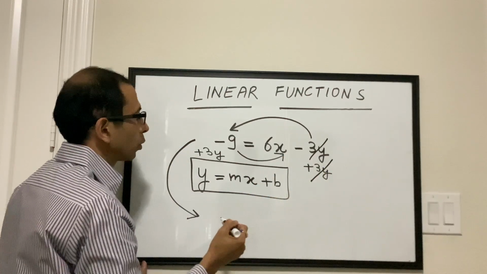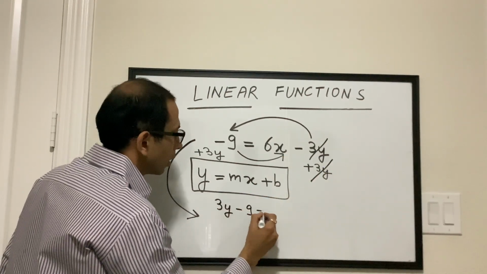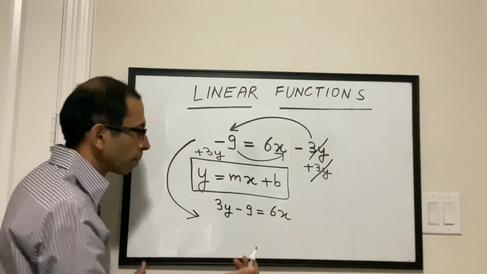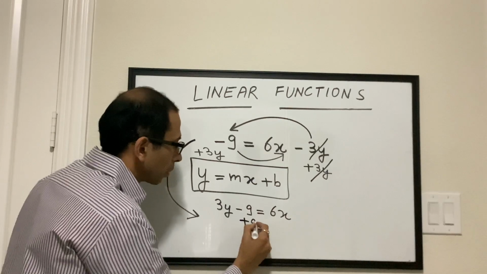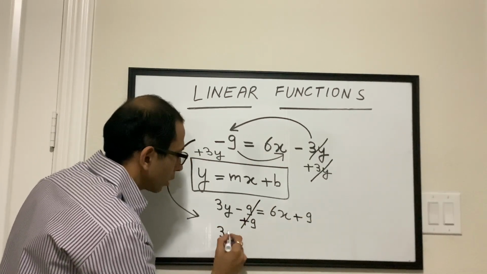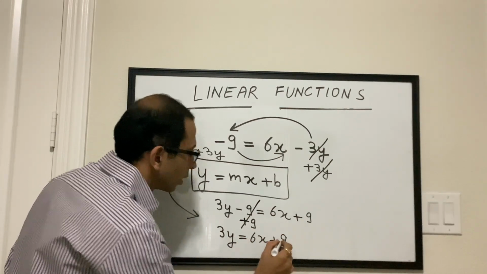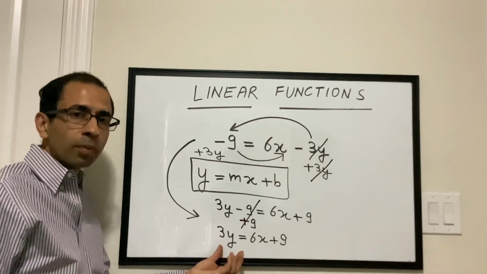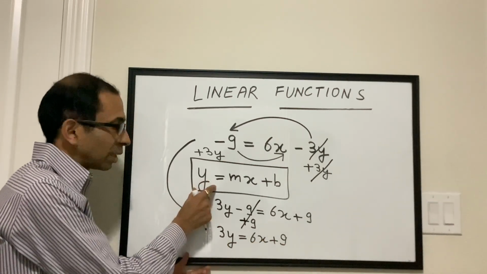The y cancels out here and we are left with 3y minus 9 is equal to 6x. We're going to move the 9 to the right side, so plus 9 and plus 9, and we are left with 3y = 6x + 9. Even at this point, we are not in a position to determine our m and b because it has to be just y.